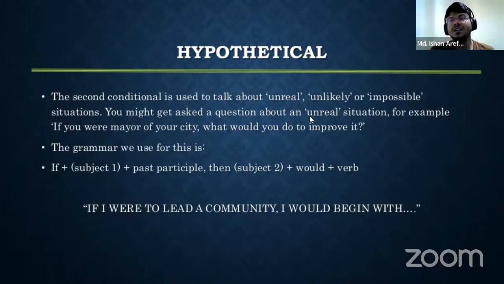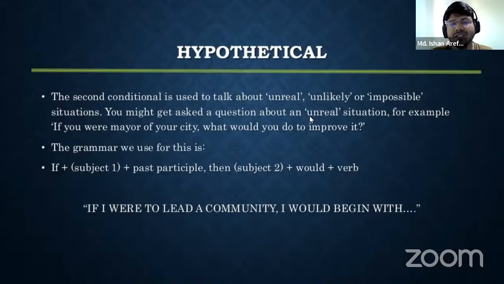So that's the common sentence structure for answering this type of question: if I were, that's the past form. If I were to lead a community, I would begin with this, or you'd say I would do this.